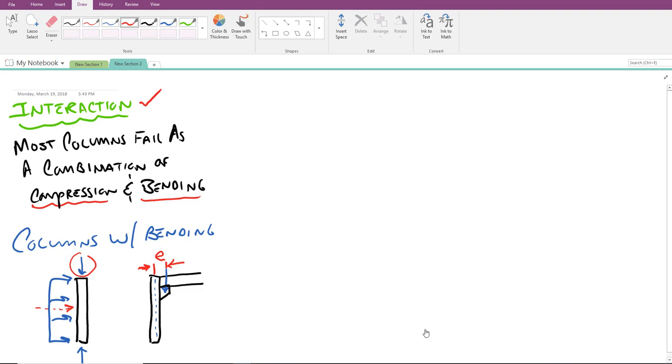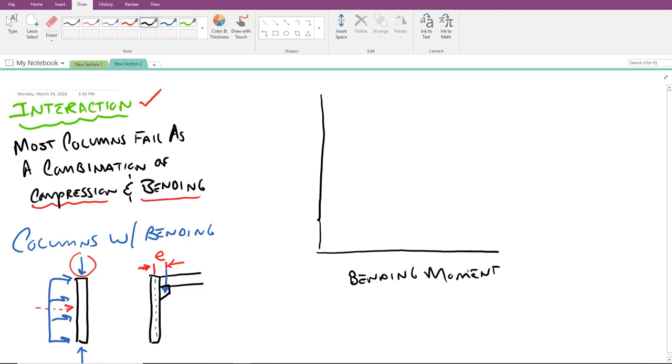All right, the theoretical form of this equation exists by plotting what the bending moment capacity versus the compression capacity would be. So along the bottom, we'll put the bending moment capacity. Along the y-axis, we'll put the compression capacity.